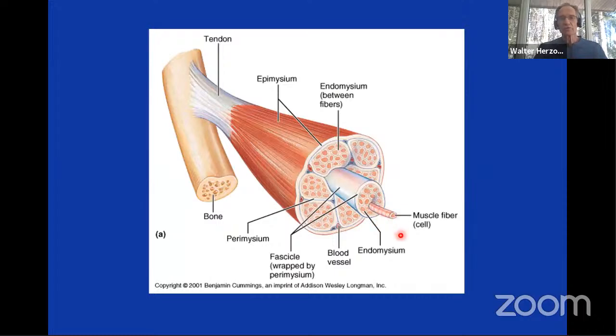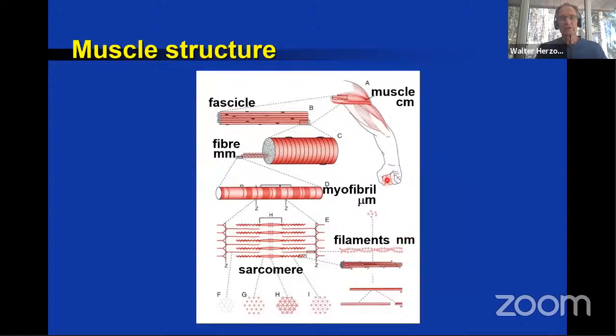And if you then go to an even lower level, where we work a lot, muscle fibers in skeletal muscles of vertebrates are made up of myofibrils, which are serially arranged sarcomeres. And you have about 2,000 to 4,000 myofibrils in a single muscle cell or muscle fiber.